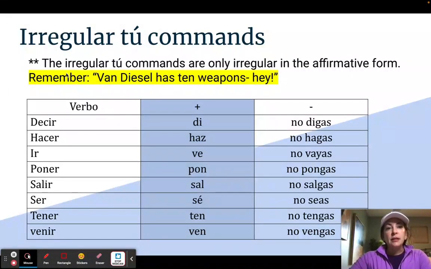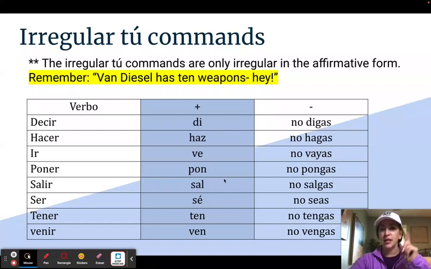These are the irregulars for tú affirmative commands, and this is a saying that can help you remember them: Van Diesel has 10 weapons, hey.